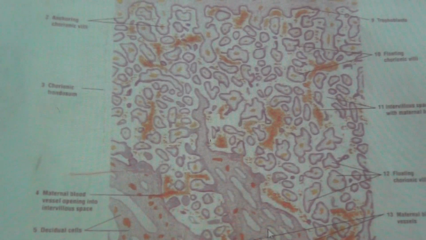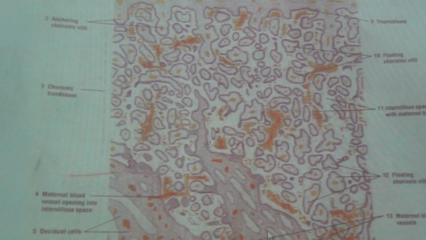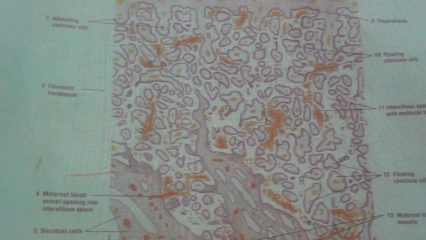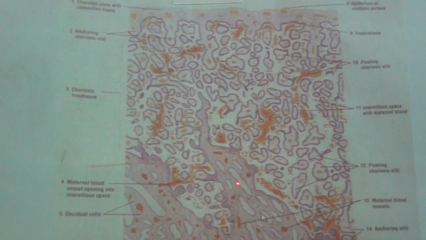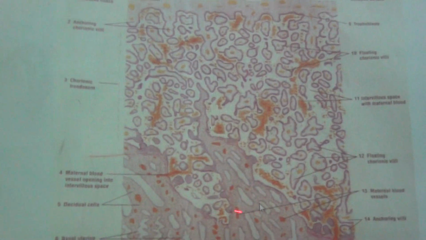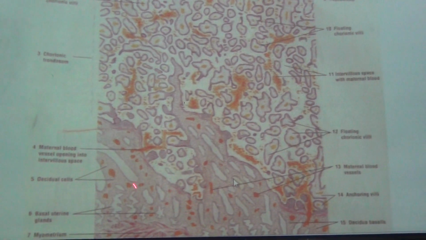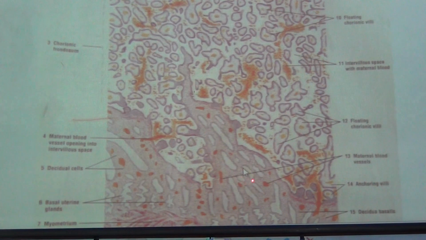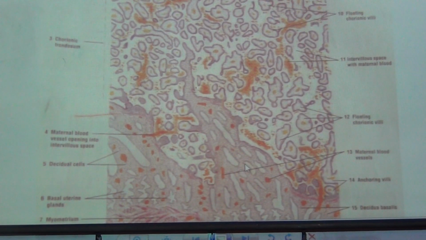This was about the fetal part of the placenta in the upper portion. The lower portion is called the maternal part of the placenta, and this maternal part contains the decidua basalis.